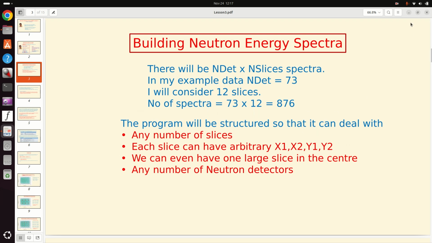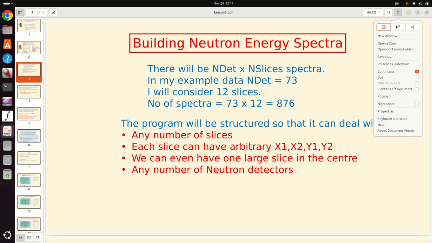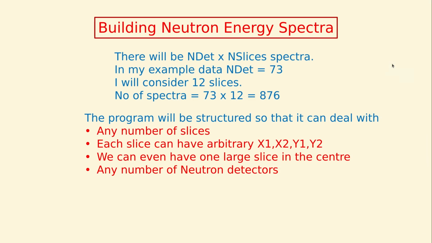So there are going to be 73 detectors, and we are also going to slice the forward angle multiwire proportional counter into 12 slices in the demo program. So there will be a total of 876 neutron spectra which we are going to prepare and store.